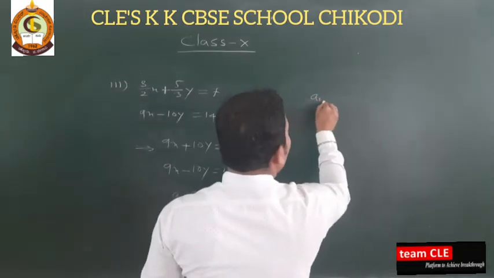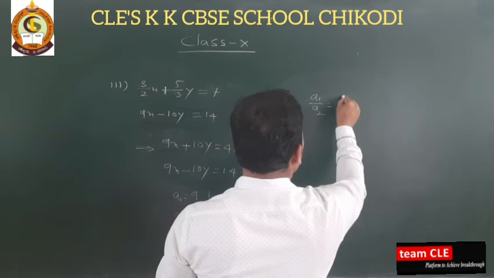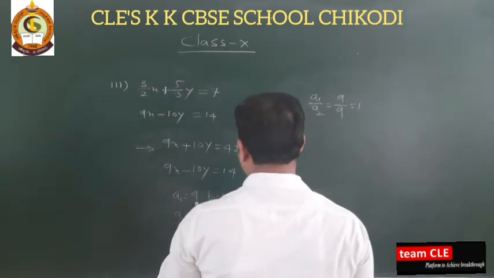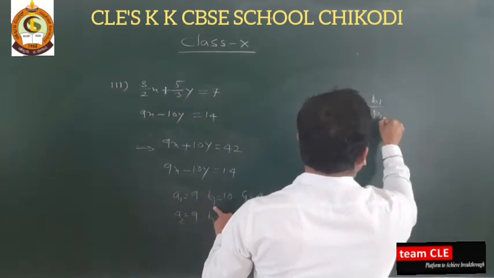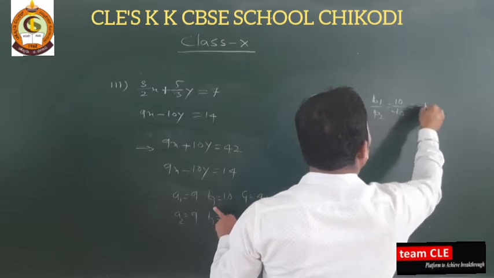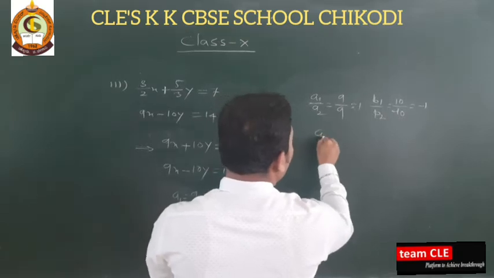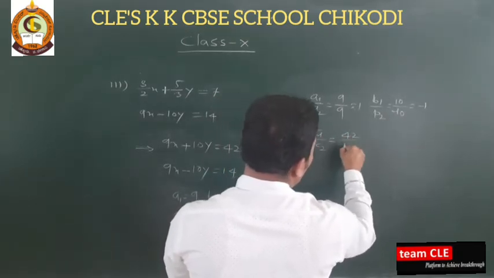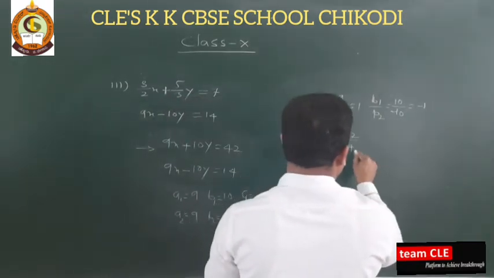So now A1 by A2, we have 9 by 9, that means we will get 1. Next B1 by B2, we have 10 by minus 10, so we will get minus 1. Next C1 by C2, we have 42 and 14.